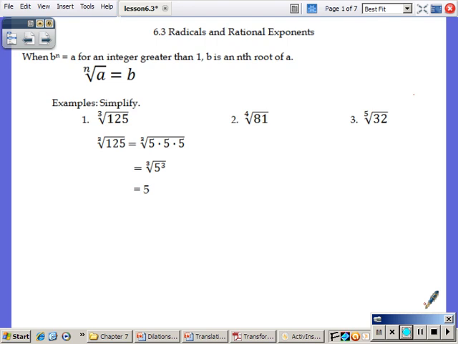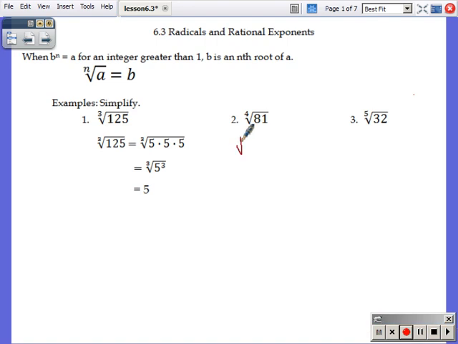So 5 to the third, and notice my exponent matches my root. So when the exponent matches the root, the base number just comes to the outside. For the fourth root of 81, we're thinking to ourselves, what number raised to the fourth power, what number times itself 4 times, would equal 81?